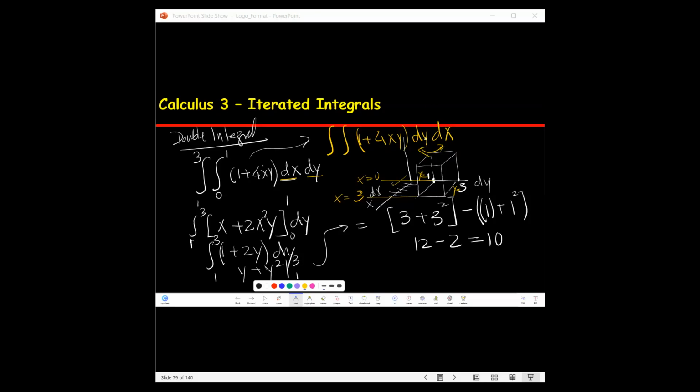So now the limit is going to be applied dy first. So dy is going to be 1, 3, and then x is going to be outside, so it's going to be 0, 1. If you solve it, you should get an answer of 10. So it doesn't matter which way you solve. Okay.